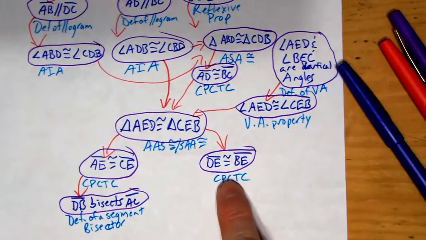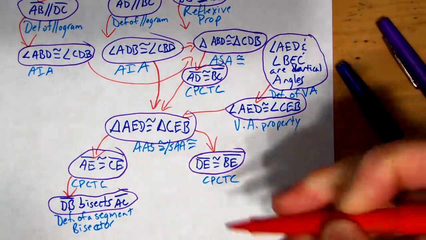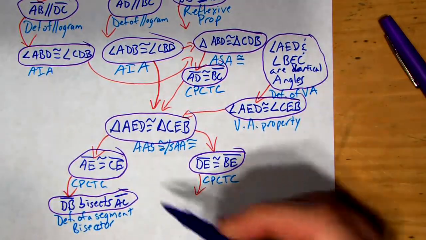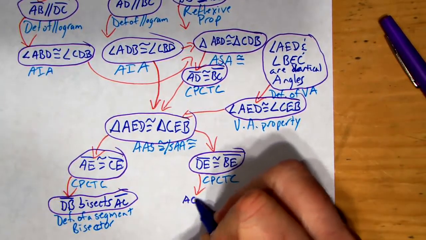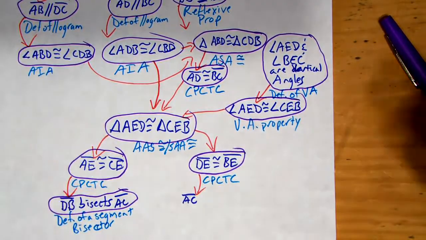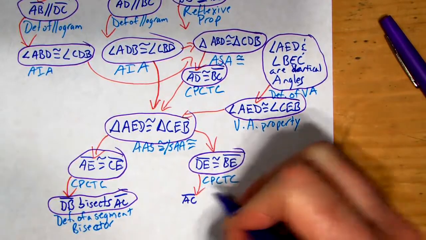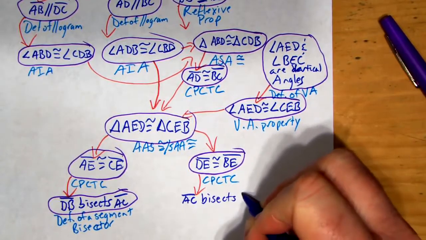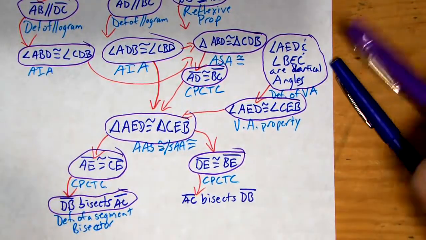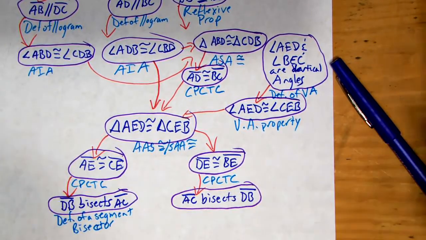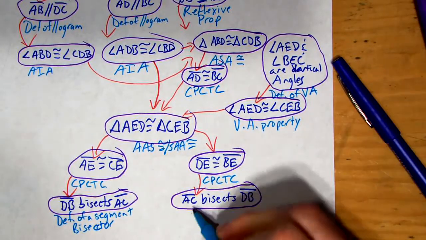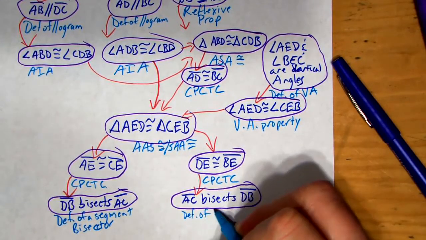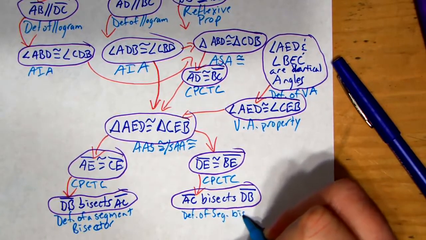And same thing for this, but this is the other pair of sides bisecting. So we have to write this the other way, because the proof was that they bisect each other, so we actually do have to show that each one bisects the other one. So we know that AC bisects DB. In this case, DE and BE were the same. It's another definition of segment bisector.